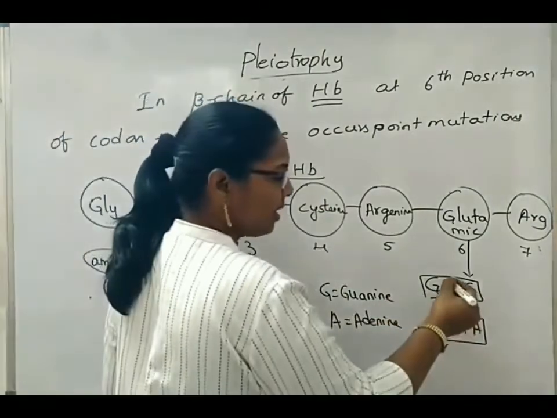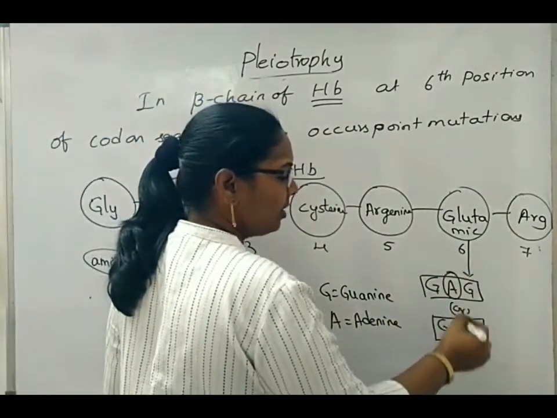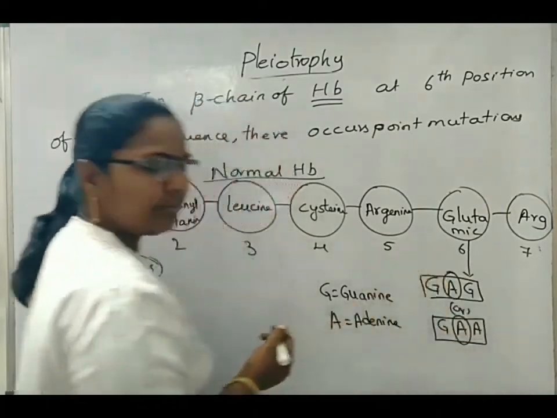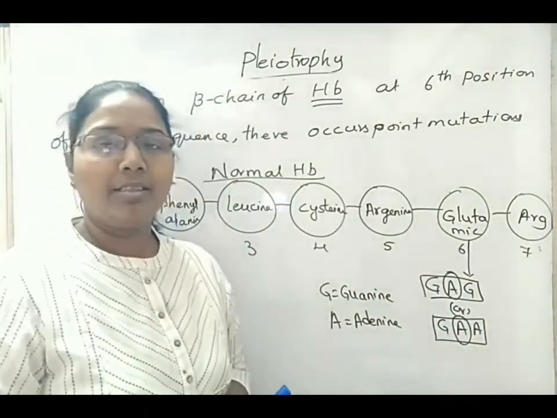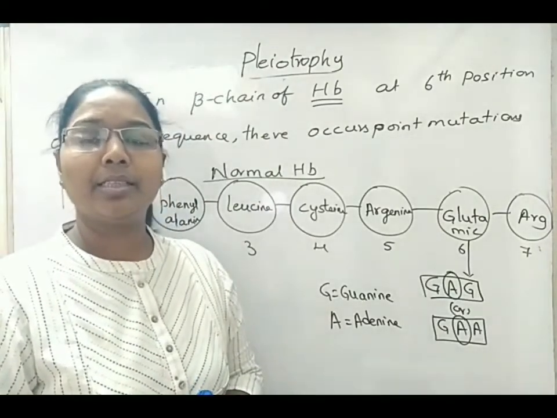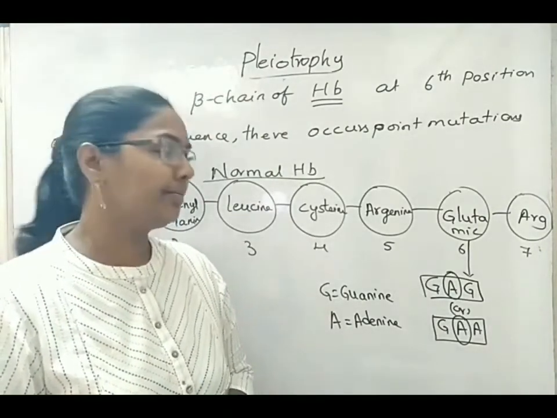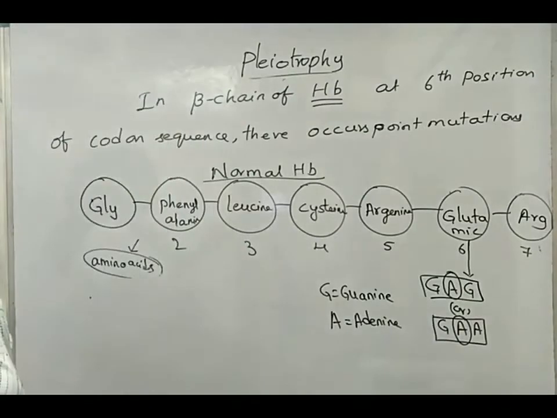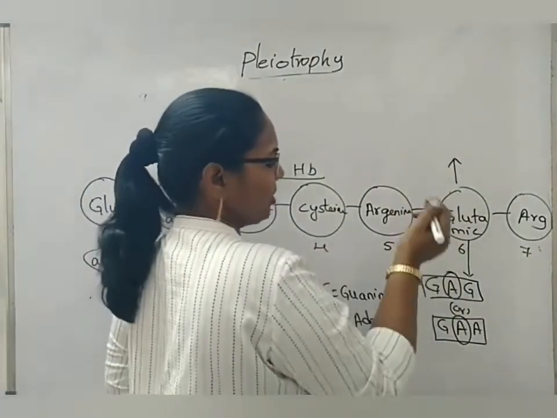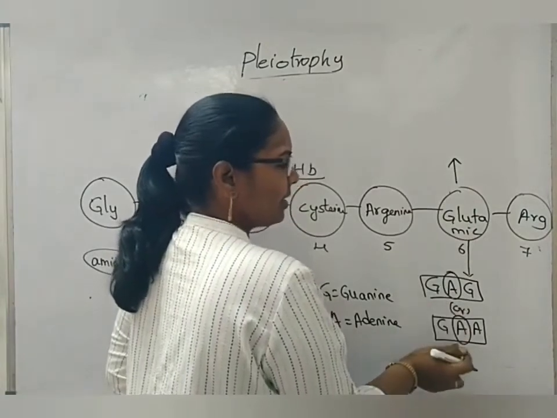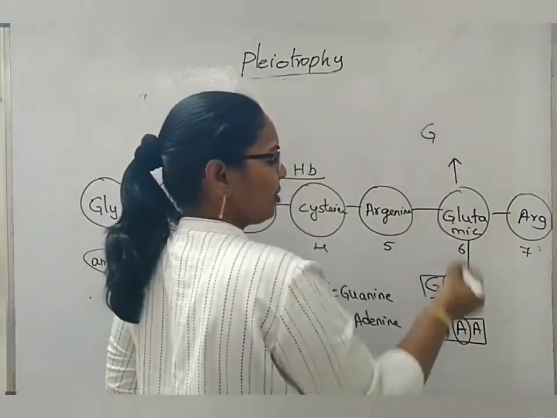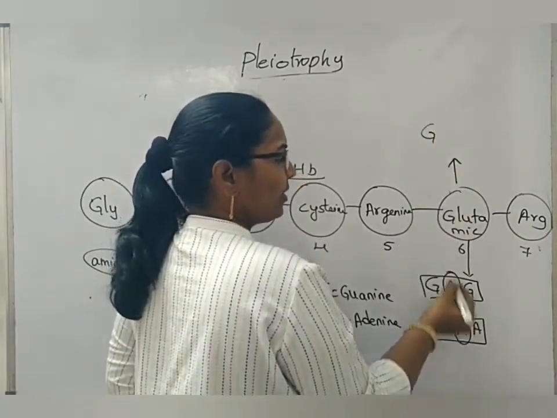Now what happens? At one point of the nitrogen base, there will be some change, and that change leads to coding of another amino acid, that is valine. When there is a change at one particular point of the nitrogen base sequence, it leads to replacing this adenine with uracil.